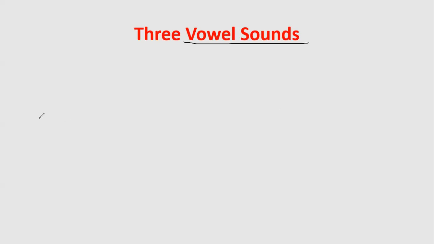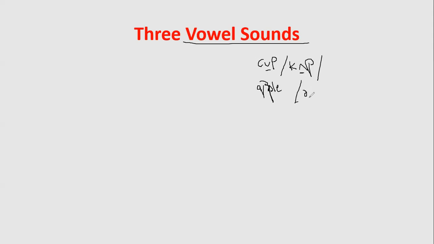When you say in English the word cup, if you check it in the dictionary, you will find it written like this. And if you check the word apple, you will find it like this.